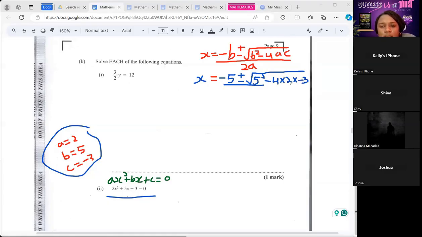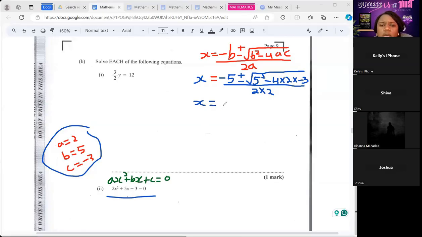And everything divided by 2a. 2 times a is 2. So once you put everything in the correct place, the next stage is to simplify, solve, and find the two values of x.